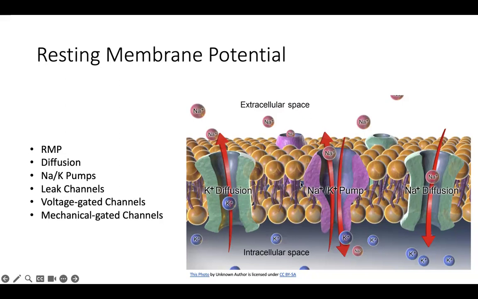That's the primary reason for this negative resting membrane potential. And in one cycle of the sodium potassium pump, you are going to see 3 sodiums leaving the cell and 2 potassiums coming into the cell. So you're taking more positively charged ones out than you are putting positively charged ones back in. Therefore, you end up with a net negative charge.